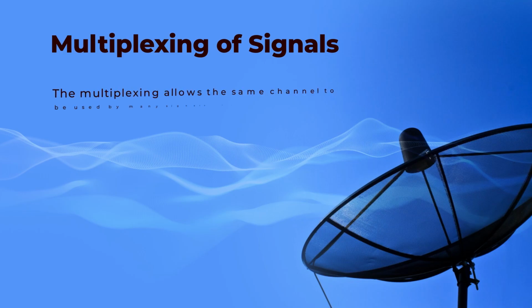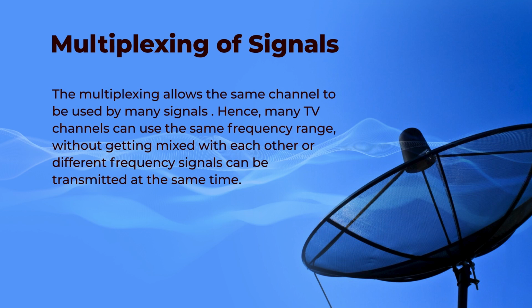separates them. Multiplexing enables multiple signals to be transmitted simultaneously over a single communication line, effectively allowing the same channel to carry various signals. This capability ensures that numerous TV channels can utilize the same frequency range without interference or overlap.